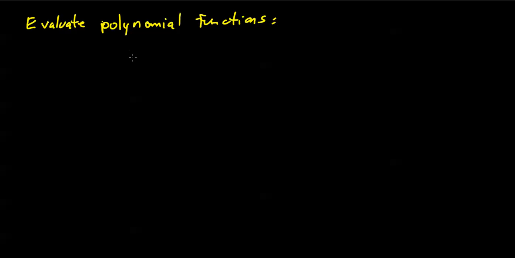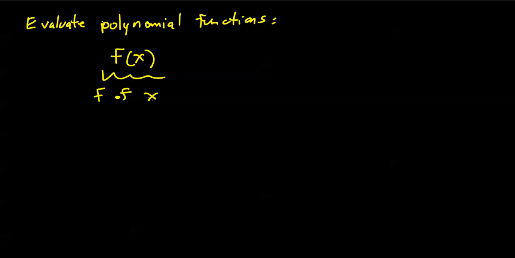Alright, I want to talk about evaluating polynomial functions. Well, a polynomial function is simply something written out in function notation that is defined by a polynomial formula. For example, we read this as f of x.